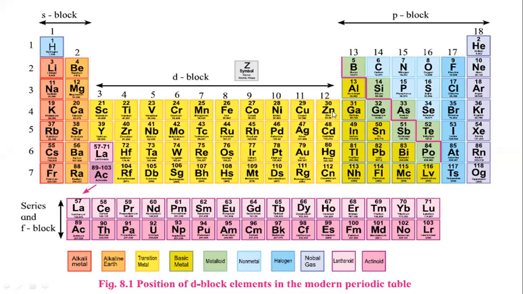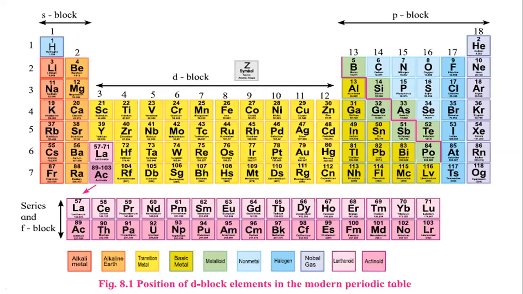And this zinc, cadmium, Hg, and copernicium, I want to give information about these elements. In these elements, the d orbital is completely filled. Means 10 electrons are there in zinc, in cadmium also there are 10 electrons, in mercury also there are 10 electrons, and in copernicium there are also 10 electrons.